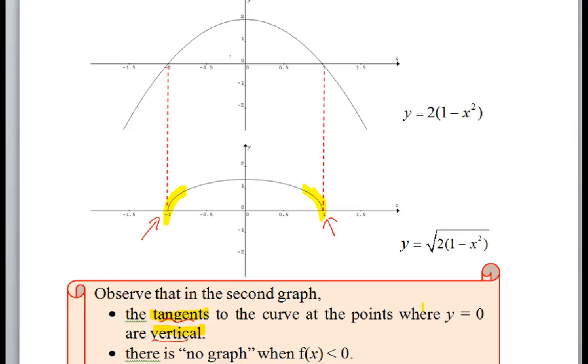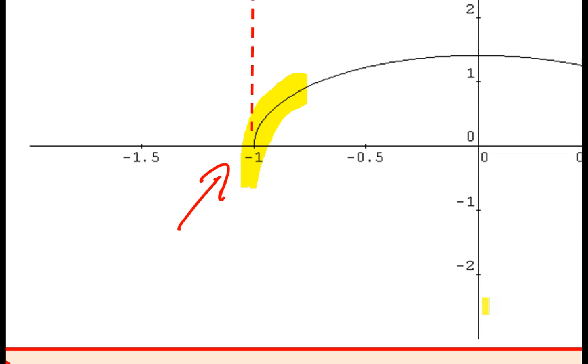That means when you sketch this shape of the graph, this must be a vertical tangent. When you zoom in a little bit more, you should see a vertical shape like that, a vertical tangent loop. As to why, I will explain later.